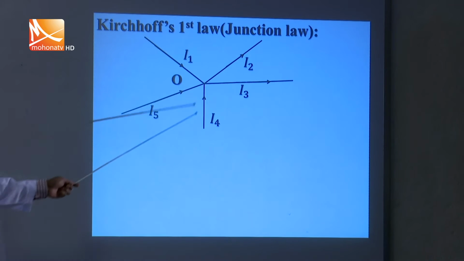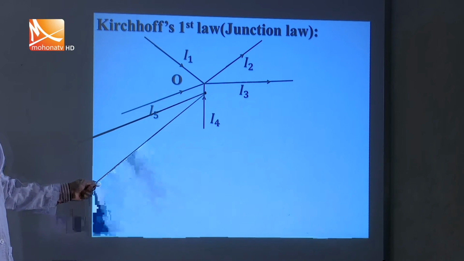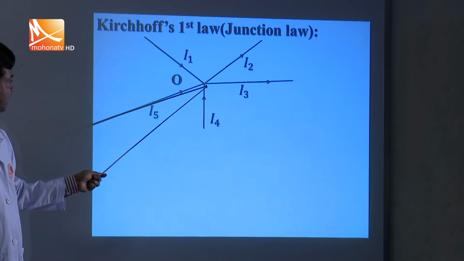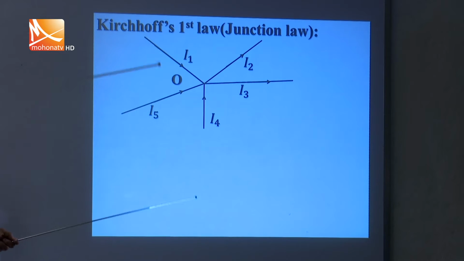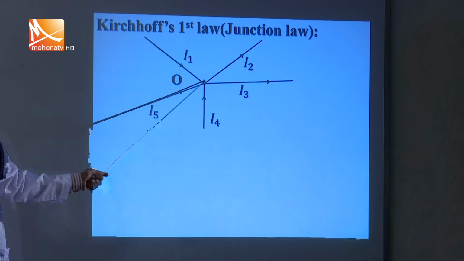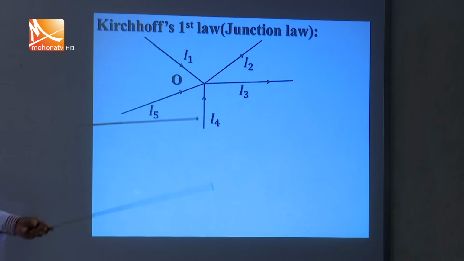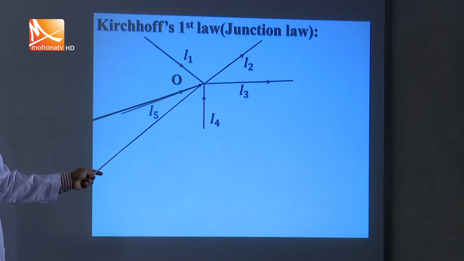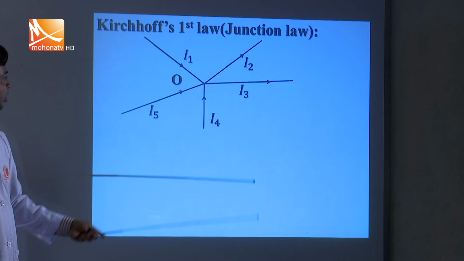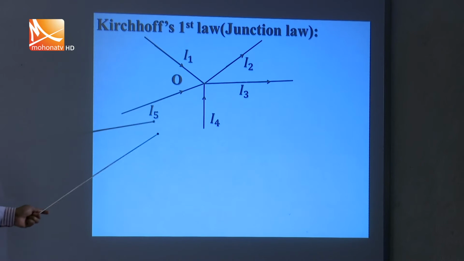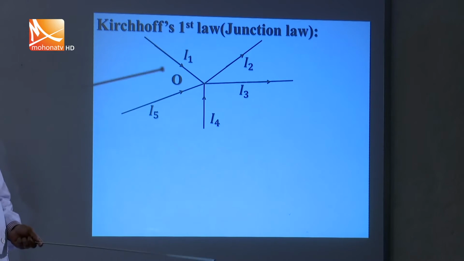This is a junction. You know, junction O is the junction point. Here the junction combines 1, 2, 3, 4, 5 wires, and this junction law deals with what amount of current basically exists or is deposited here. From this figure, my dear young learners, you see I1 is the incoming current, I2 is the outgoing current, I3 is also outgoing, I4 is incoming, and similarly I5 is also incoming.